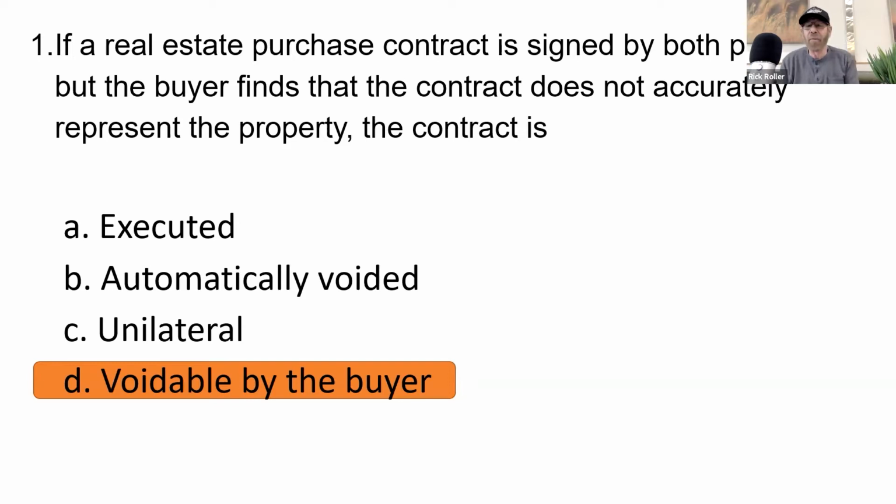The buyer could say, our contract is bogus, because it doesn't really describe the property I'm buying. It was wrong. It wasn't what we call prima facie, meaning it stands on its own weight, because there was a mistake made. It wasn't accurate. Okay, number two, please.